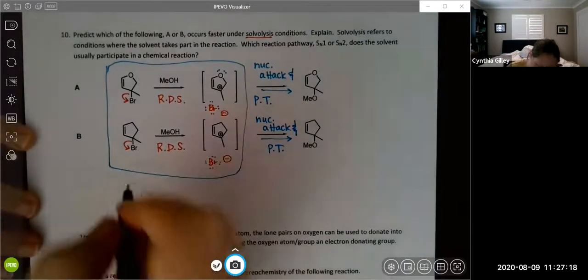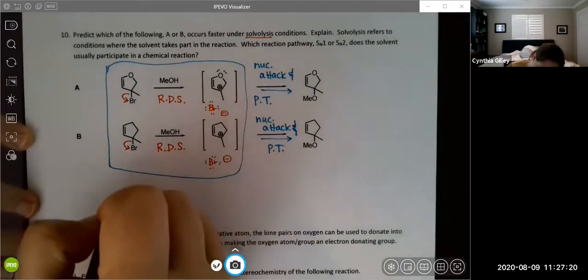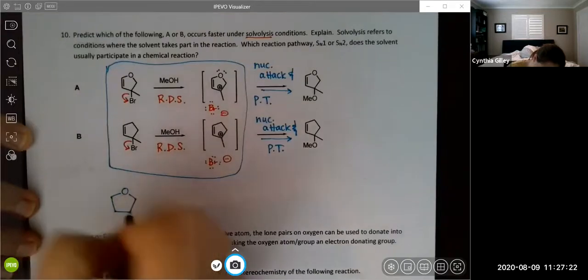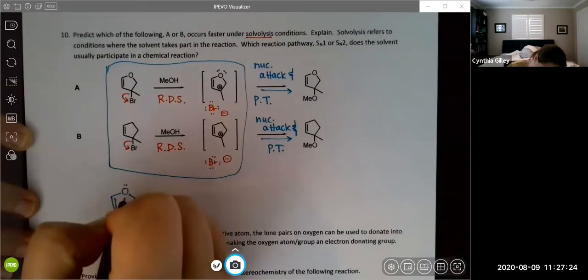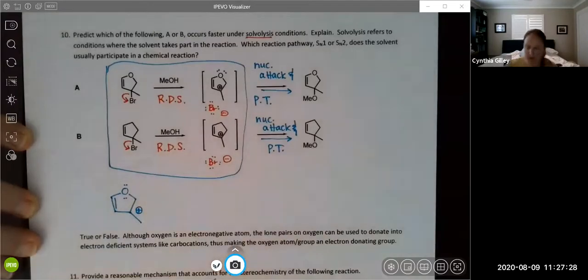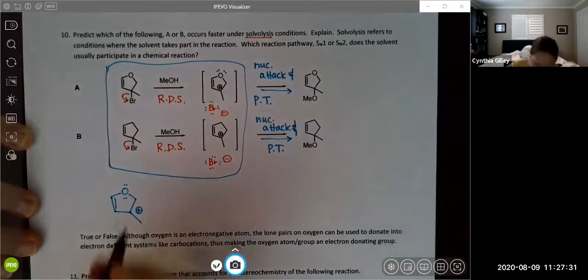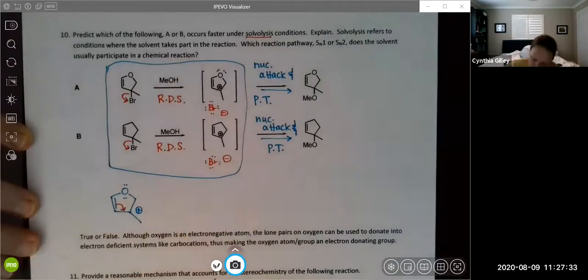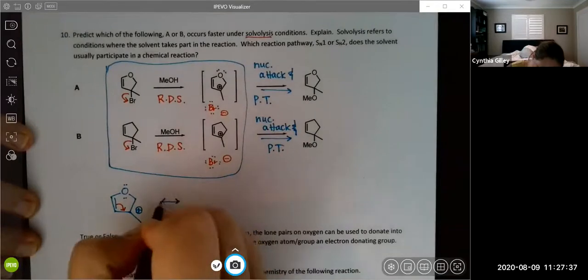So if we draw out that intermediate, the positive charge here, we can show some resonance. This is the allylic carbocation, or allylic positive charge pattern.